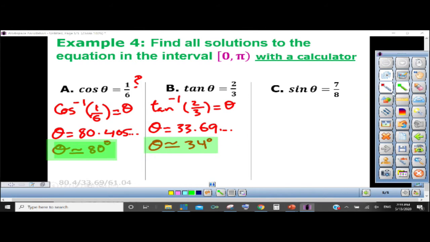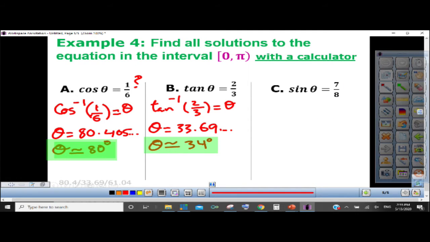And the last one for this trio is sine theta is 7/8. Well, same deal. I don't have a capacity to do this. If you gave me sine theta is 1, I could help you. If you gave me sine theta is 0, I could help you from the unit circle. 7/8, what is that? That's why you have to use a calculator for that one.